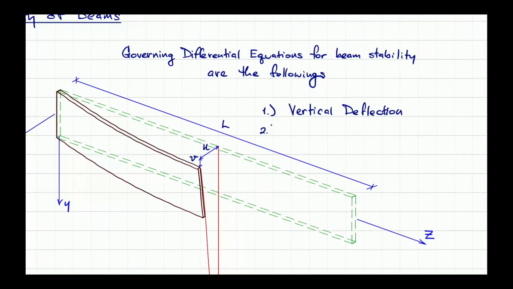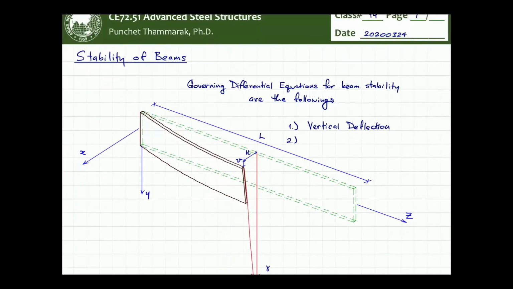The second thing, not only do you have the vertical deflection in this plane, but you will also have the lateral deflection. That lateral deflection is in this direction. It is the out of plane direction.